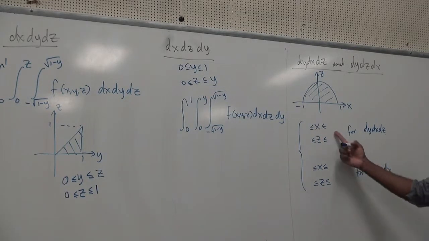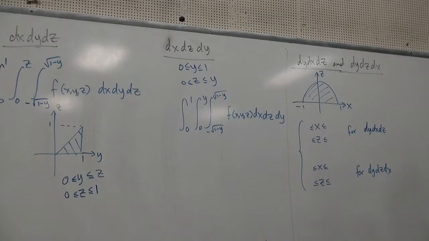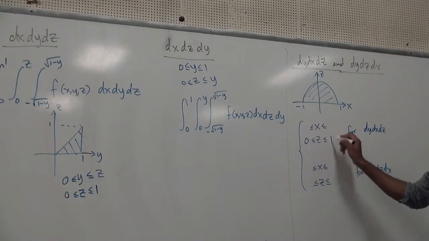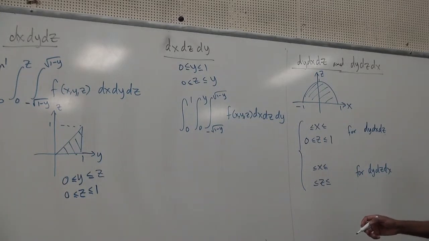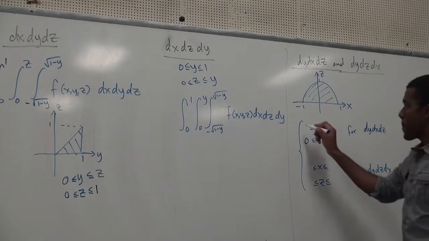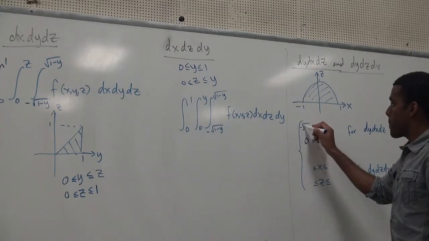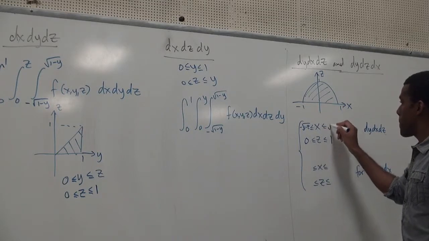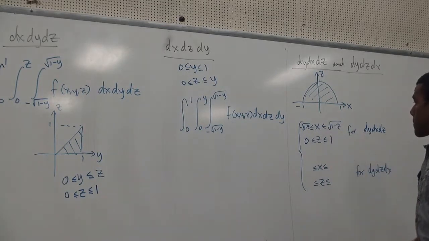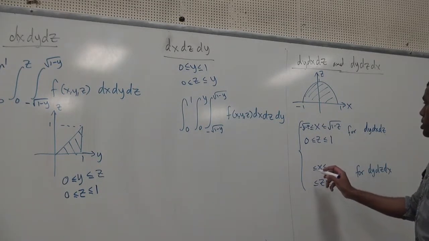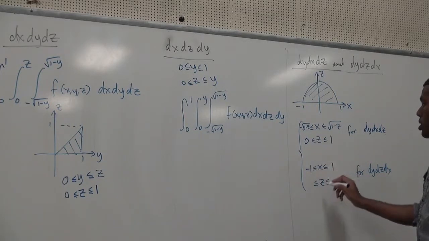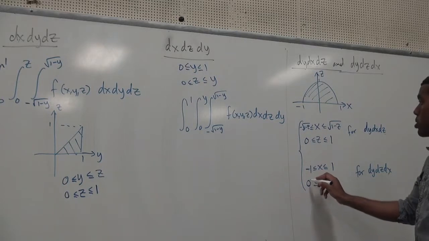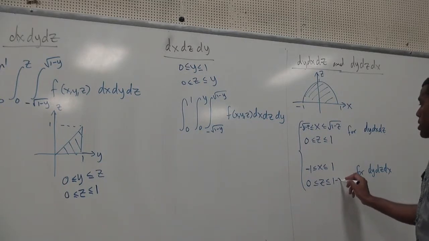So how do I set up my limits for this one? Z is going between 0 to 1. X goes from negative root 1 minus z up to root 1 minus z. In this case I would let x go from -1 to 1, and z would go from 0 up to 1 minus x squared.